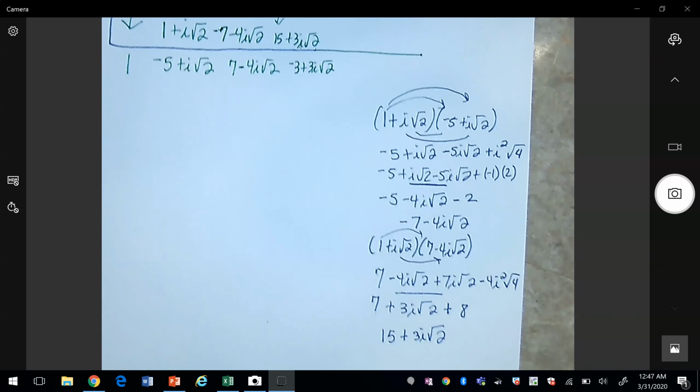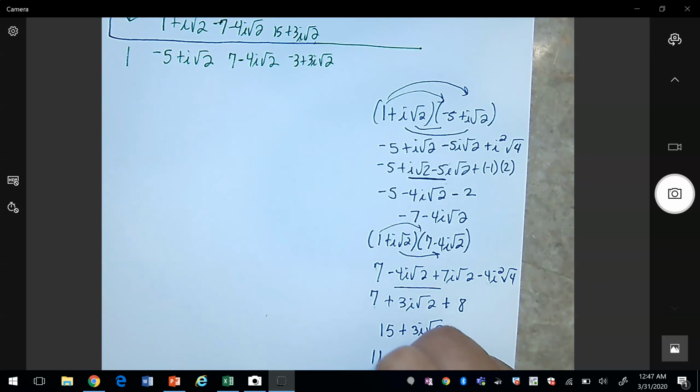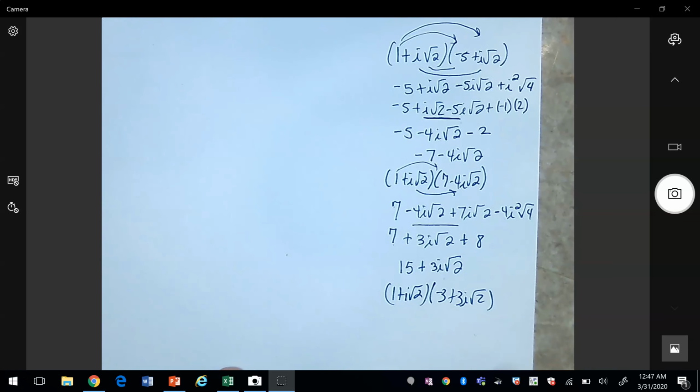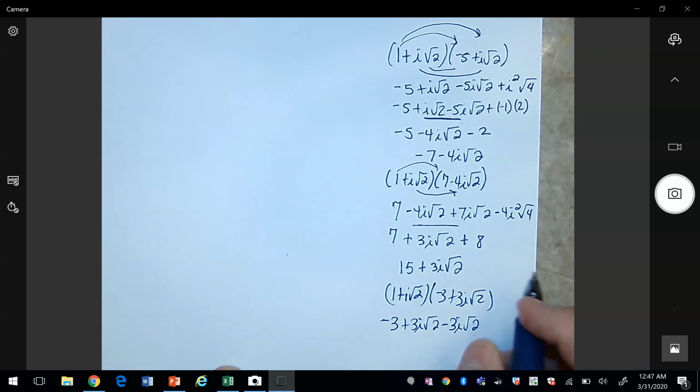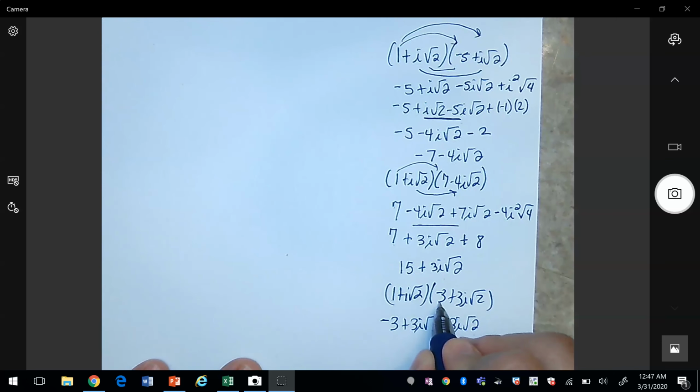And we're going to multiply one more time. So we get 1 times negative 3 is negative 3, plus 3i square root of 2 minus 3i square root of 2, plus 3i squared times square root of 4.